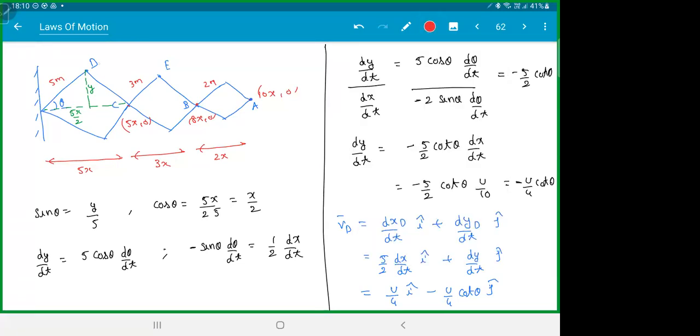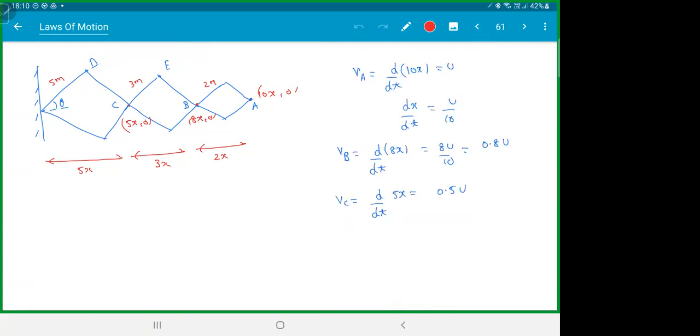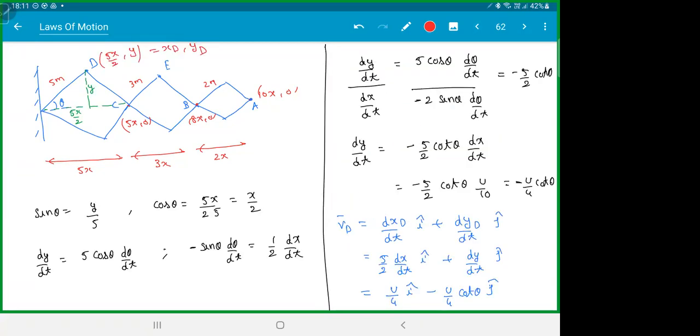So the coordinates of D would be 5x by 2, y. That is your x coordinate of D and y coordinate of D. So dx by dt, anyway, we know in the last class we did this. You just need to find that y in terms of x. Actually, this much wasn't needed. You could have done tan theta is equal to y by 5x by 2 and differentiated. No, that also will be bad. We get a chain rule.